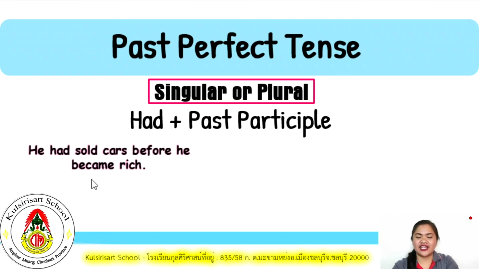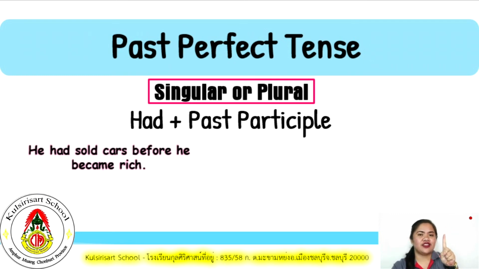And as what I told you a while ago when we talk about past perfect tense, it is an action before a past action. So meaning, before he became rich, he had sold cars. Did you get it? Always remember that in past perfect tense, there will be two actions.